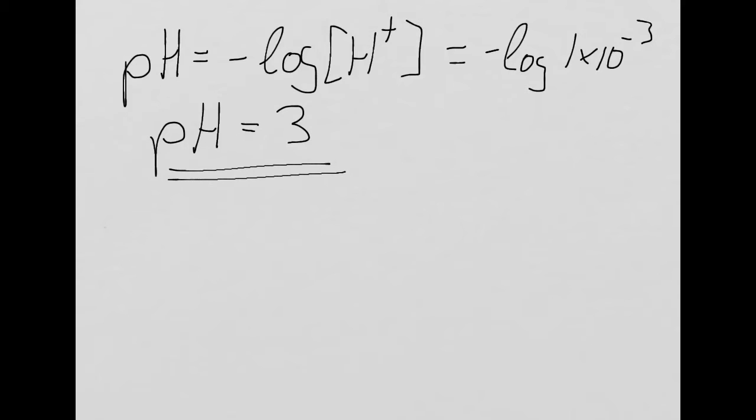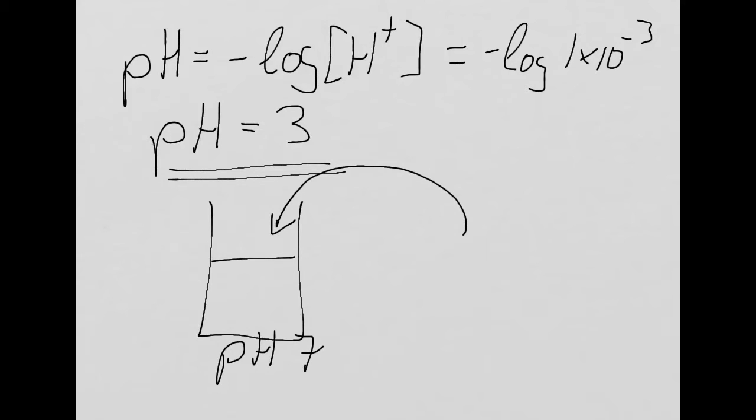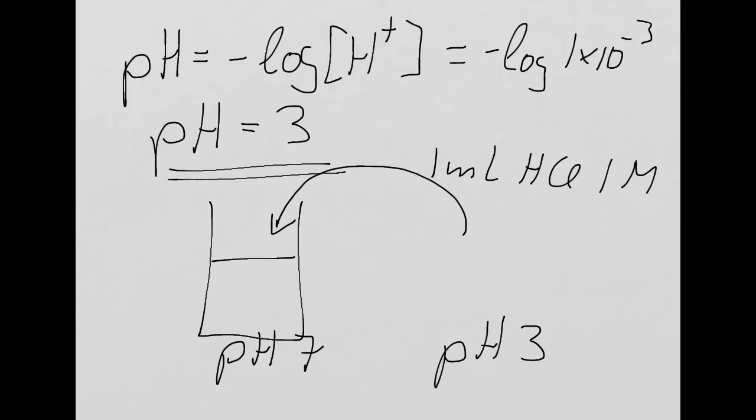Yeah? So if I put 1 milliliter of this 1 molar hydrochloric acid into my pot of water, the pH goes from 7 to pH 3.